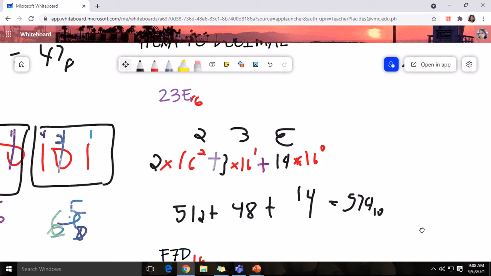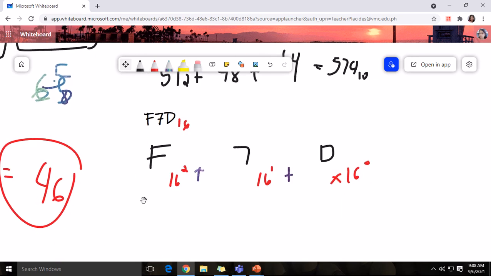So, this one is 15. This one is 7, multiplied. And then D is equal to 13.